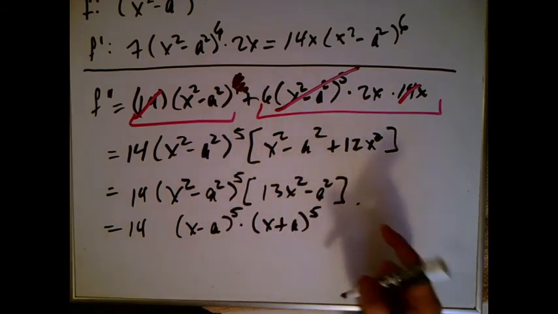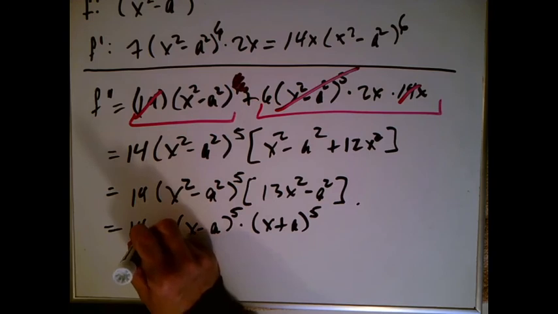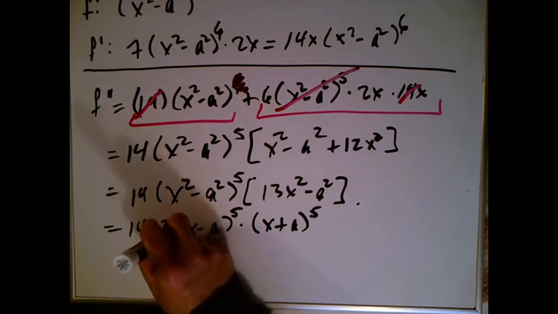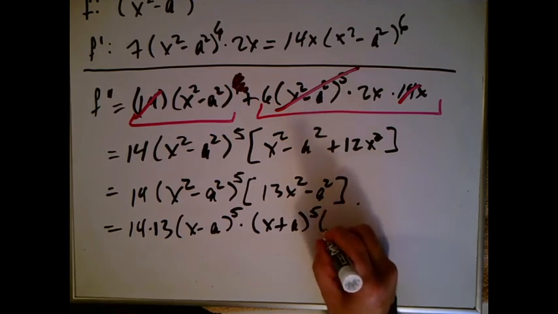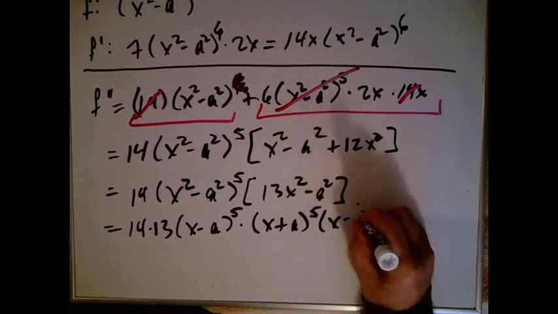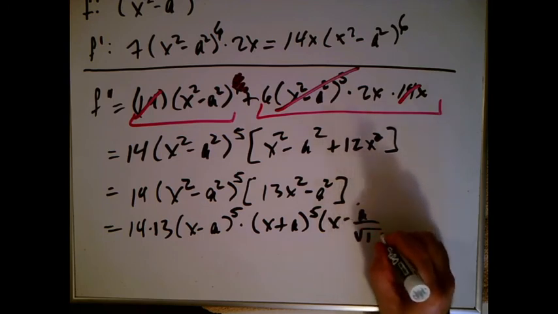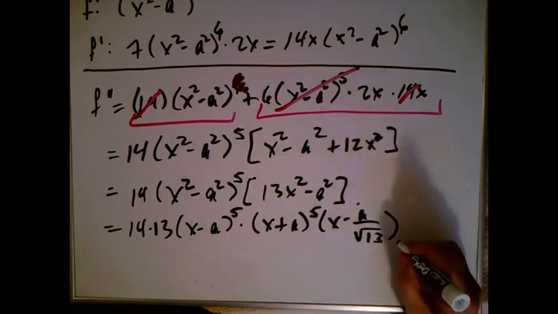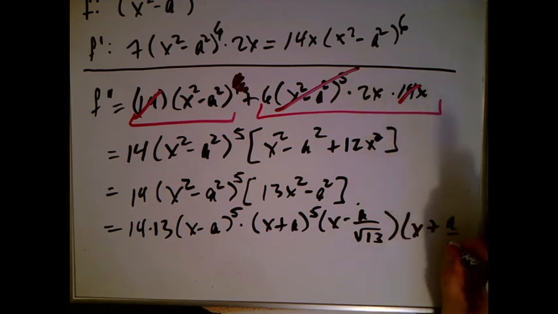In order to factor this, it's actually the difference of two squares. But if I want to make a sign chart out of it, that 13's got to go. So what I'm going to do is pull out the 13 and then realize what's left is the difference of two squares. So this is actually just going to be x minus a over root 13, like that, times x plus a over root 13.